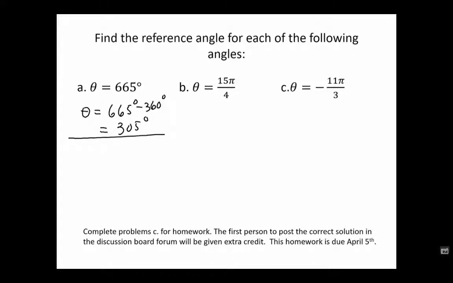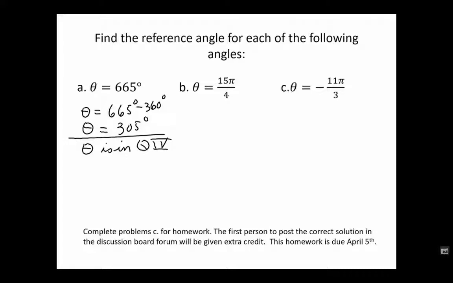So the angle that measures 305 degrees is coterminal with the given angle 665 degrees. So theta, the coterminal angle 305 degrees, lies where? It is in quadrant 4.